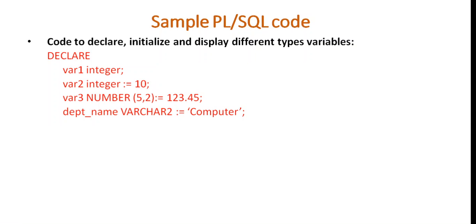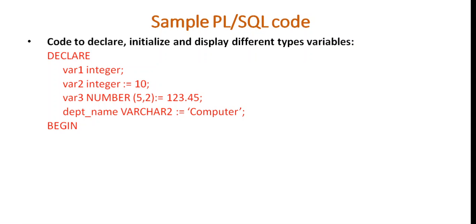That is, variable 3 consists of a total of 5 digits. Out of these 5, 3 digits are specified before the decimal point and 2 digits after the decimal point. Variable 3 is also initialized with some value. Then we have one character type variable, department name, which is also initialized with the value computer.